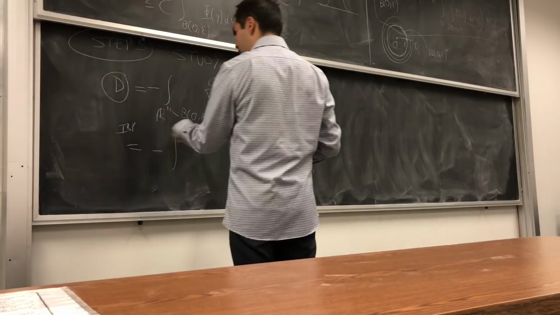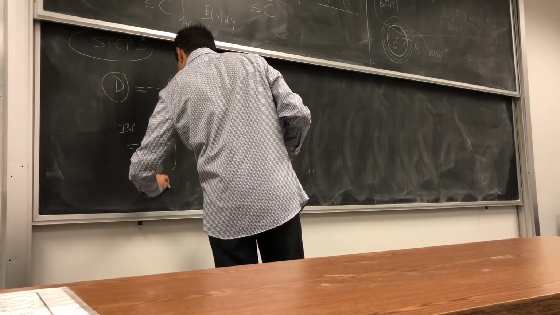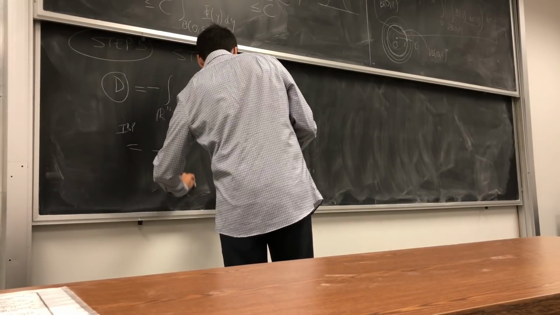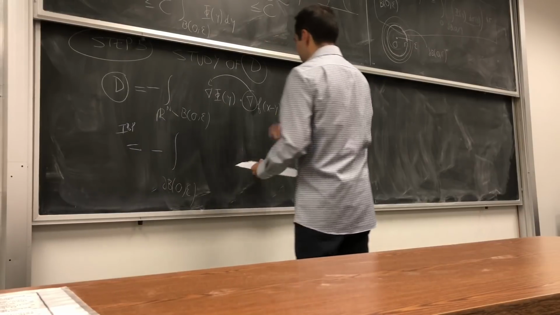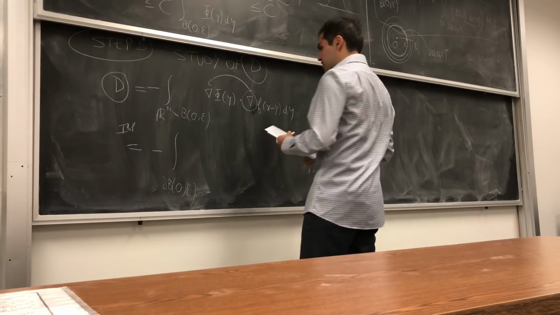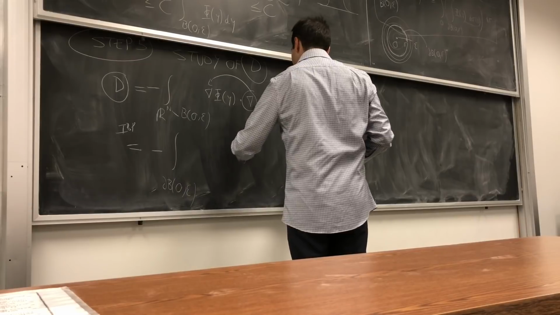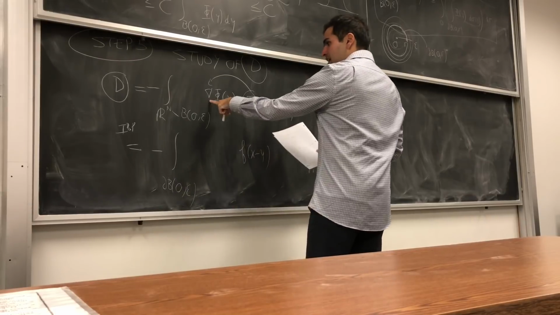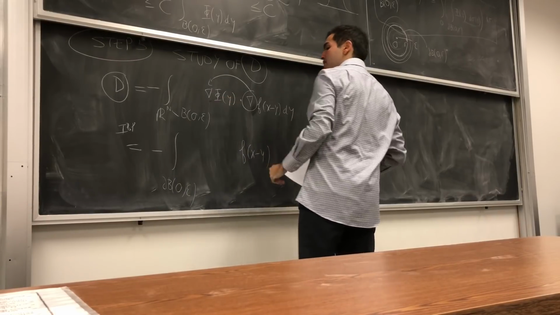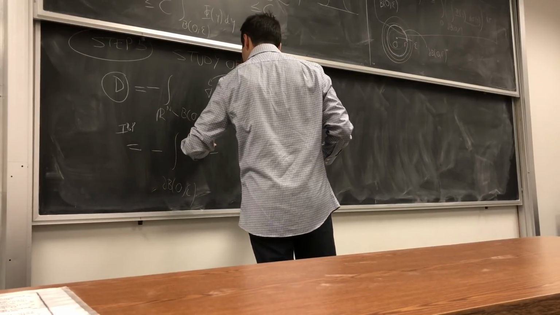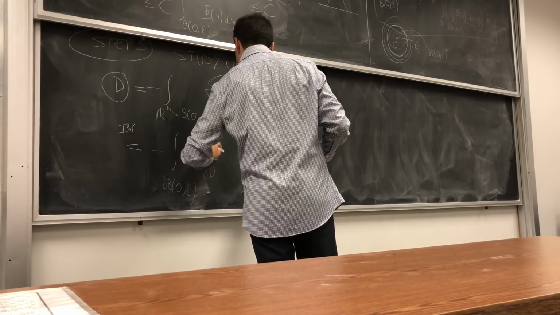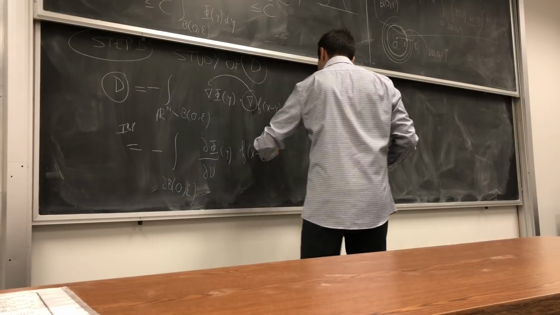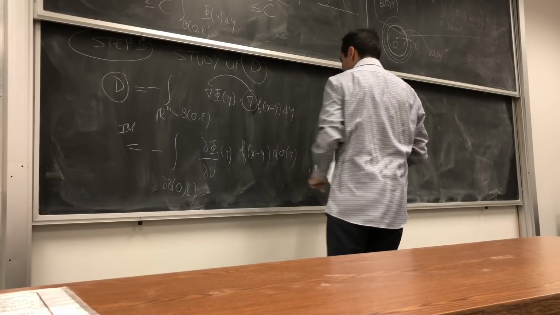So the integral over the boundary of this, which again becomes the boundary of this ball, of, so the derivative here disappears. So you get f of x minus y. This derivative becomes a normal derivative, d phi over d nu of y, d sigma of y.